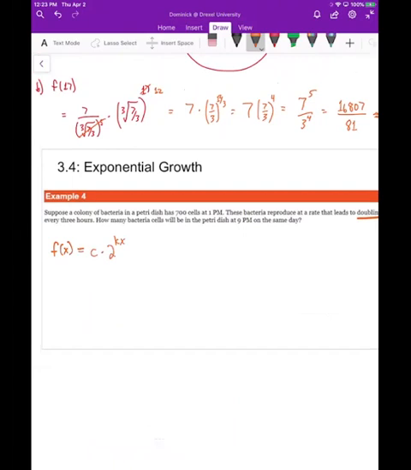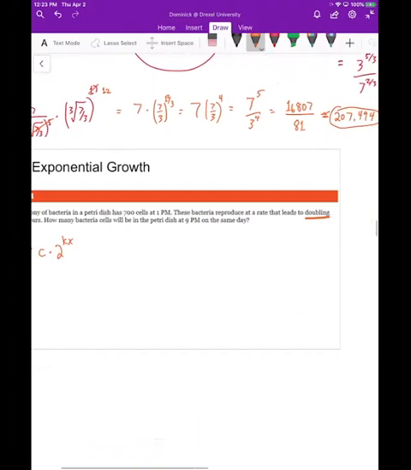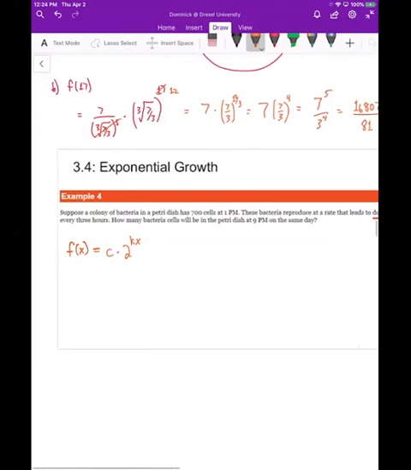Now, we're supposing that a colony of bacteria in a petri dish has 7 cells at 1 p.m., and the bacteria produce at a rate that leads to doubling every 3 hours. So how many bacteria cells will be in the petri dish at 9 p.m. on the same day? What we're essentially being told here is that if we have 700 cells at 1 p.m., when I plug in 1, I get 700.